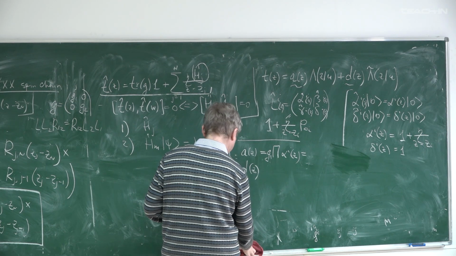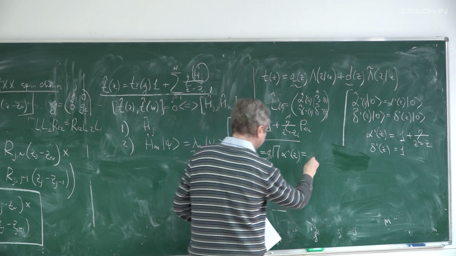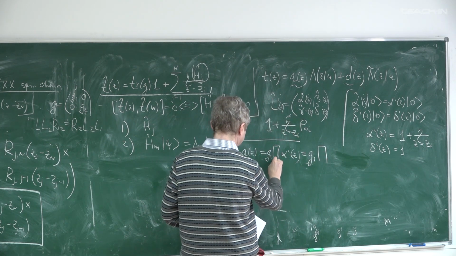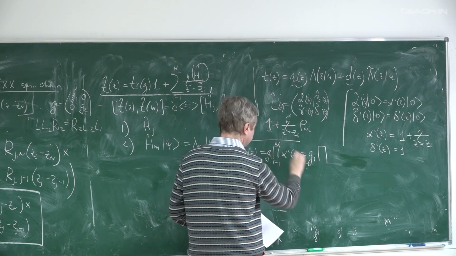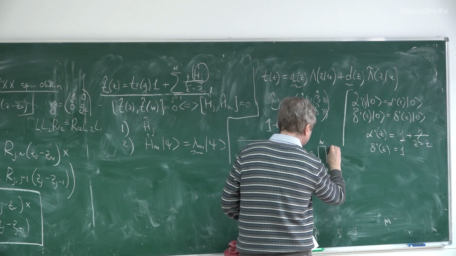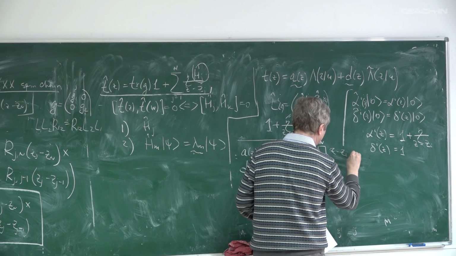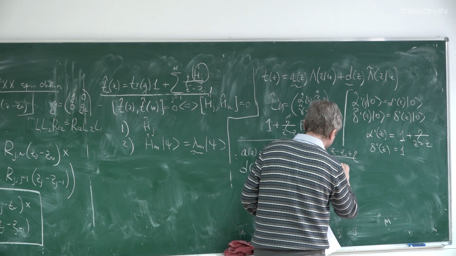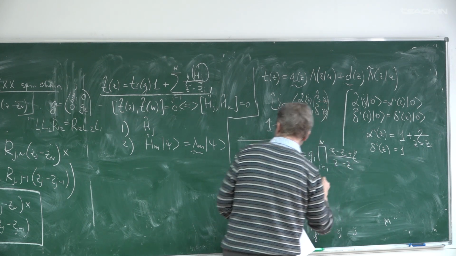We may write that what we have here is just G1 multiplied by a product of z minus zi plus eta over z minus zi.